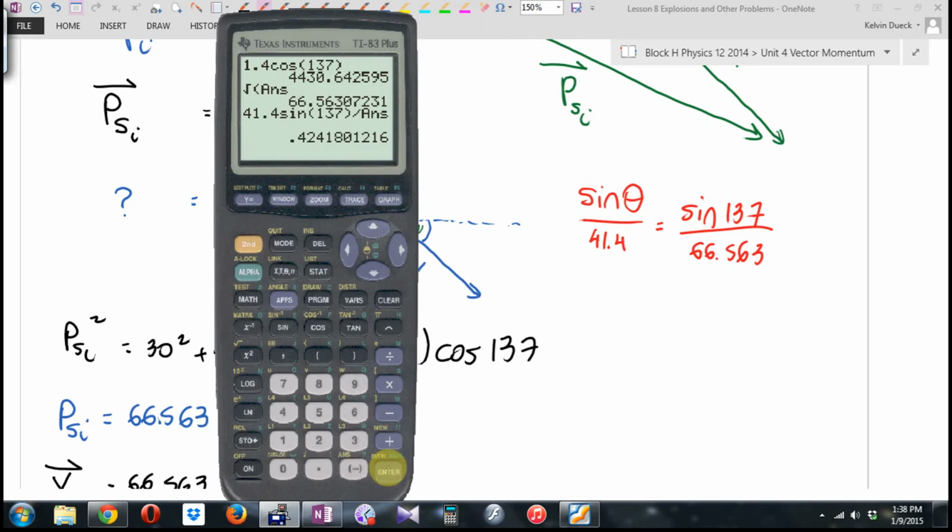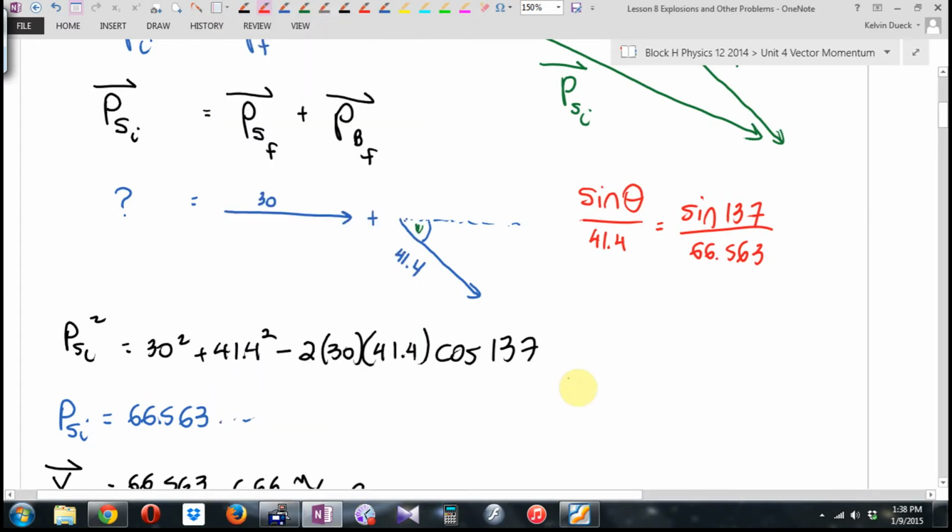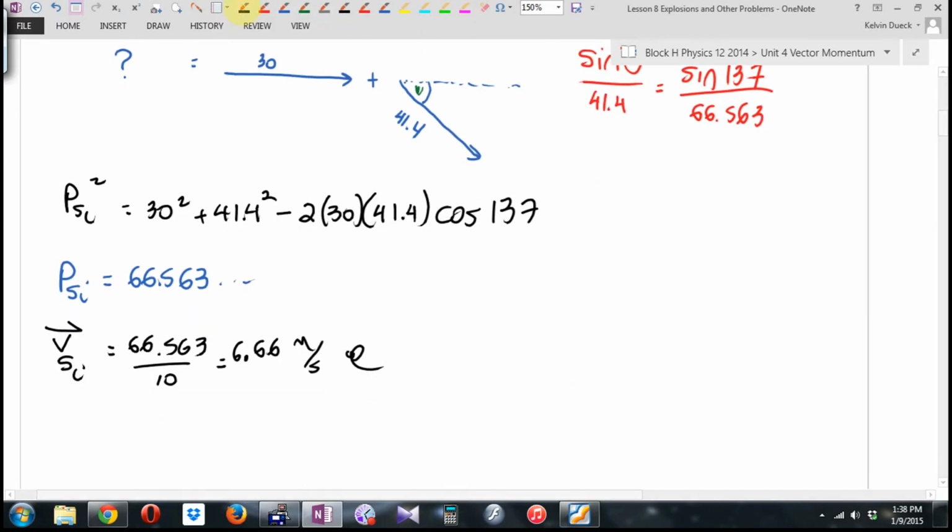And the angle is 0.42, what? Oh, no, that's not the angle. It's the sine of the angle. 25.1 degrees. 25.1 degrees. What did we say it was?